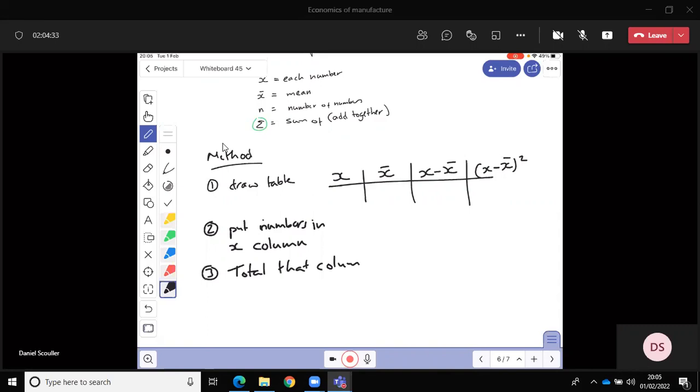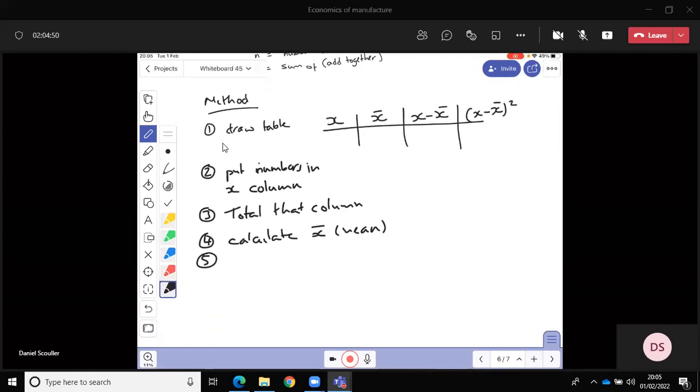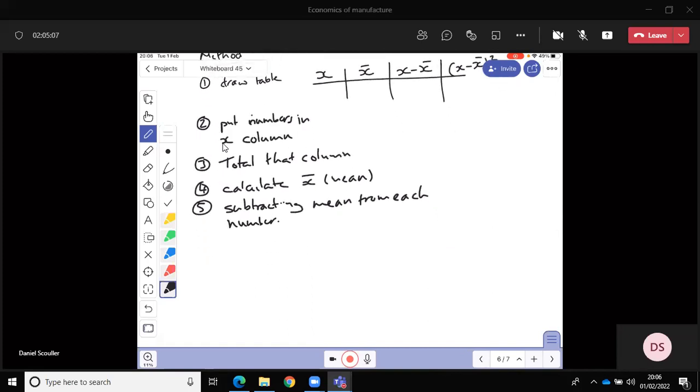Okay, so add all them up, sum of that. Calculate the mean, and I'll show you how to do that. That's just the average. The next column, we're just subtracting the mean from each number. It's actually worse to write out than it is to actually just do.